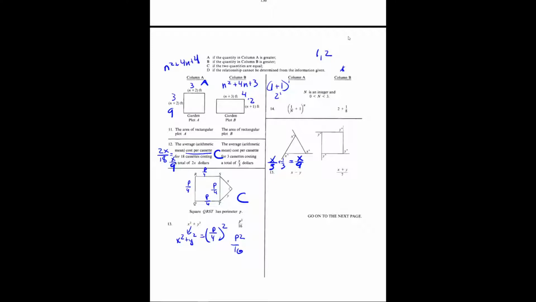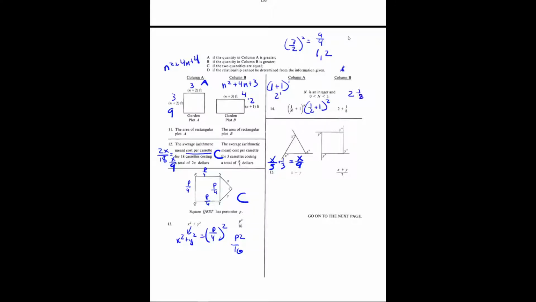Now let's try 2. Here we have 1/2 plus 1 to the power of 2. This is going to give us 3/2 squared, which comes out to 9 over 4. And then this is 2 1/8.